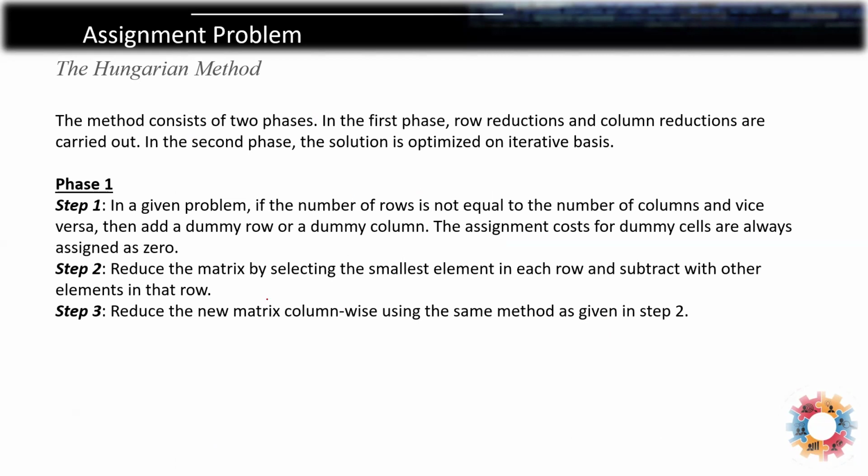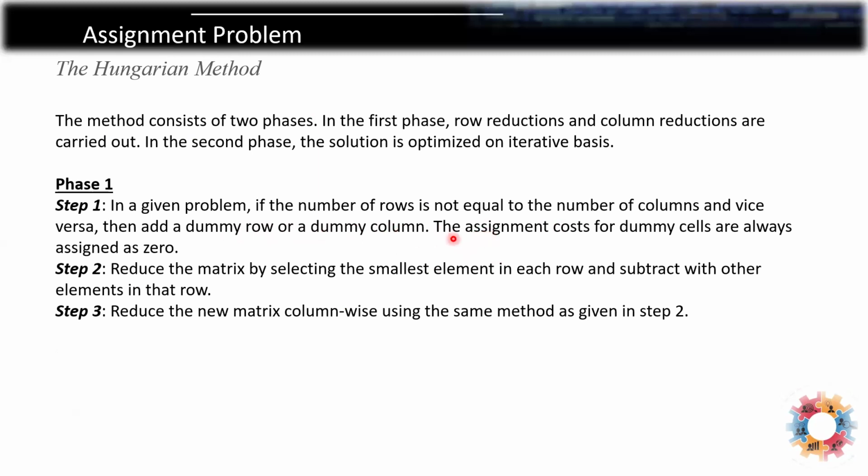So the first step in phase one is we have to check if the assignment problem is balanced or not balanced. Meaning you make sure that the number of rows and the number of columns are equal. When they are not equal, you have to add a dummy row or dummy column depending on which one is less than the other.